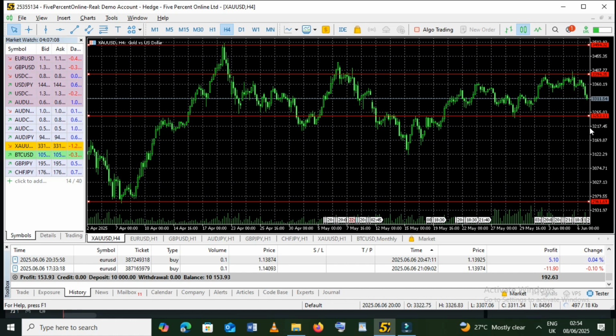Then I'll enter sell and place my stop loss above this demand zone, which will now act as a resistance after it has been broken. Or I will wait for the market to hit this particular demand level and check if it will form a reversal towards the up zone.